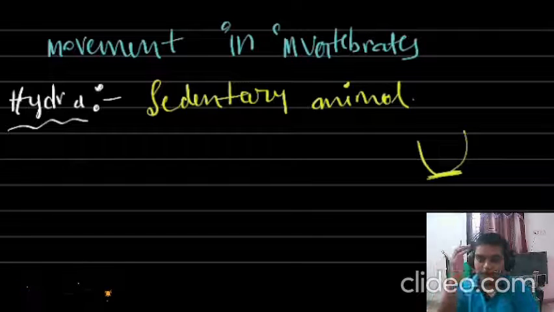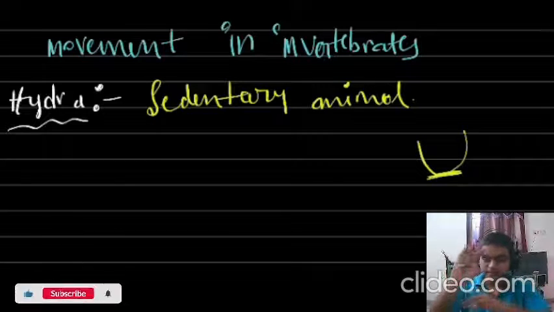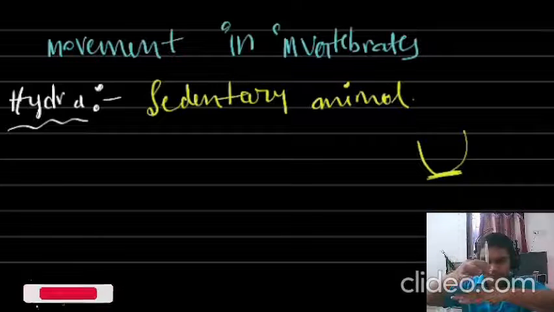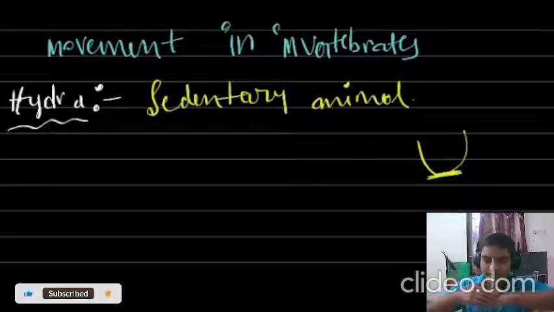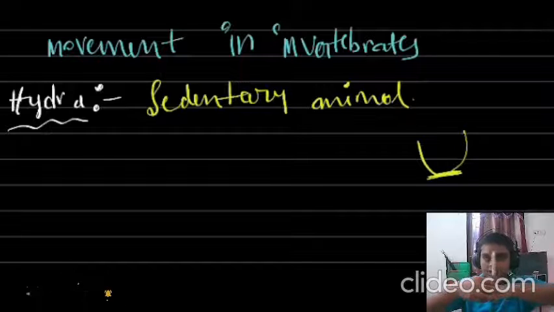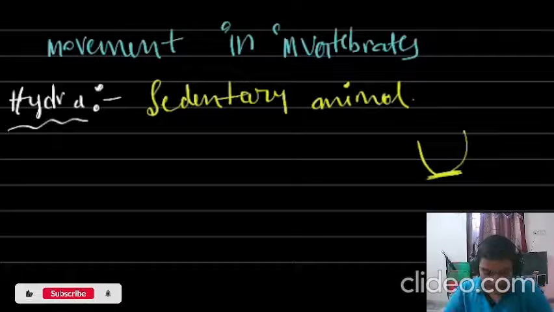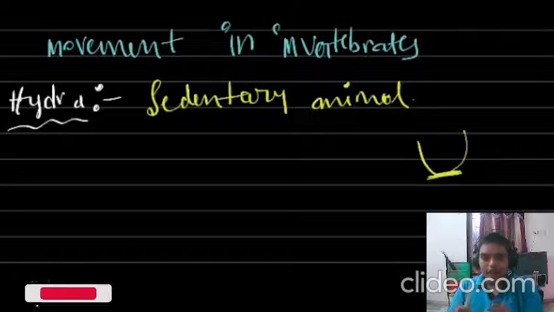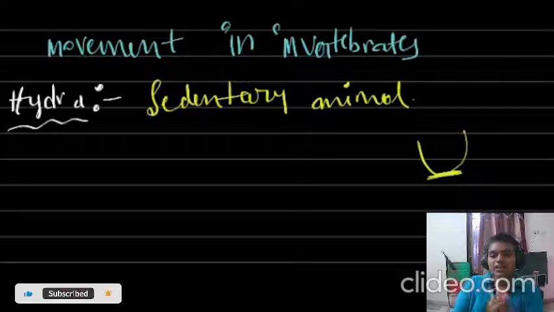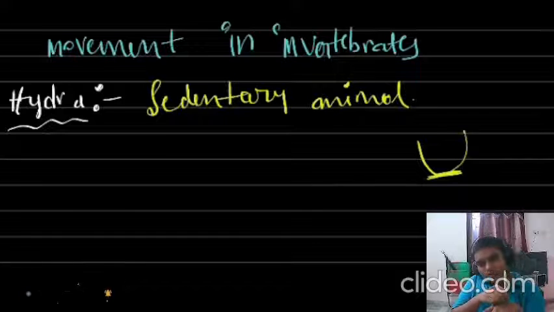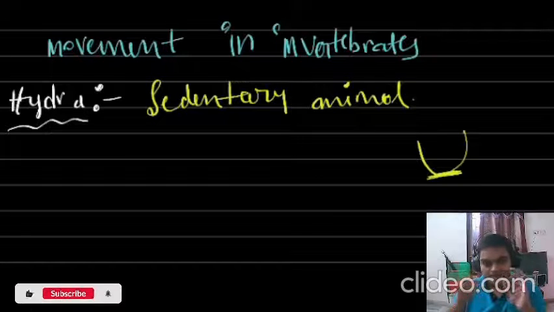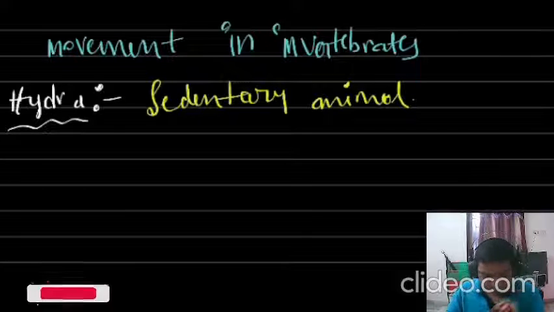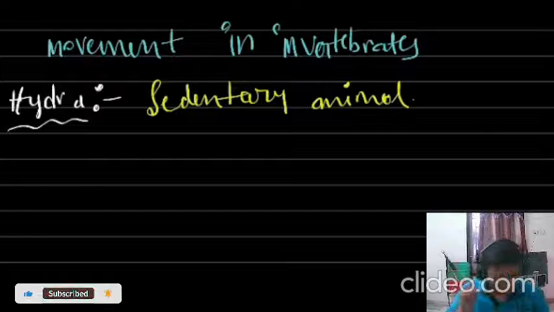The Hydra is fixed to the substratum. See, this is Hydra, this is substratum. It is fixed like this. It doesn't move, but it can wiggle like that. It is a sedentary animal. Its base is fixed onto the substratum. Okay, Hydra is a sedentary animal. Please remember that word sedentary. We will be using it in animal diversity too.